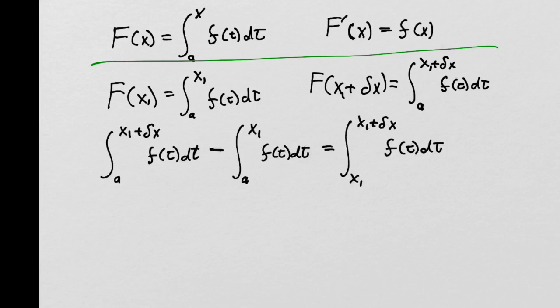Then we combine everything in this way, where this is basically just an expression of the fact that an integral from a lower bound to an upper bound added to an integral from the upper bound to an even higher upper bound is just the integral from the lower bound to the higher upper bound.